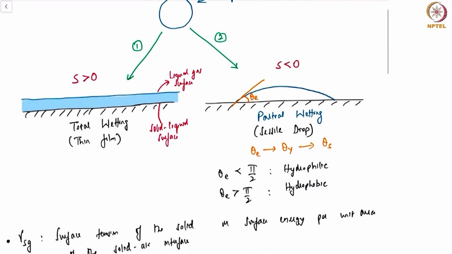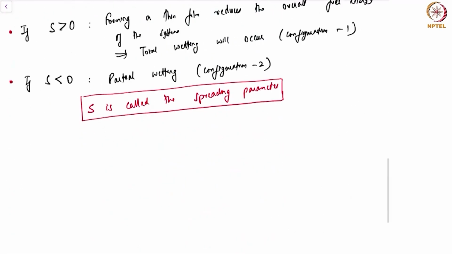Okay. Now, one of the key things that I wanted to do in today's lecture is to introduce you to this parameter called the spreading parameter. Having done that, we'll also look at another important relationship.